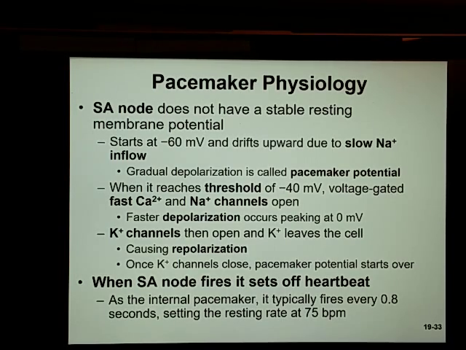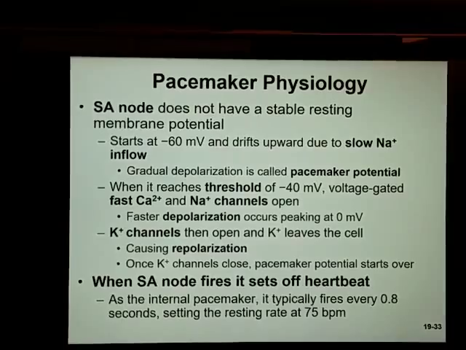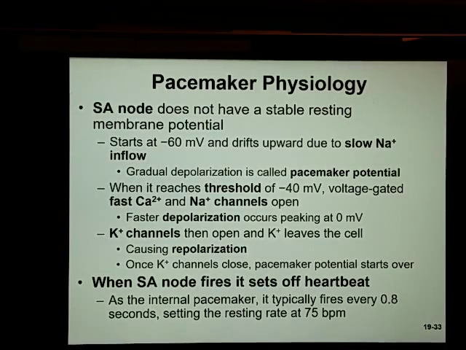So with the SA node and this action potential, where we have to depolarize, then repolarize, recover, and start all over, this takes place about every 0.8 seconds.